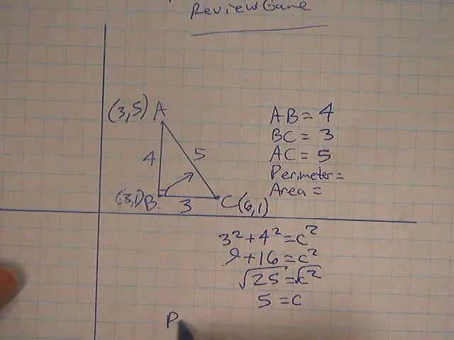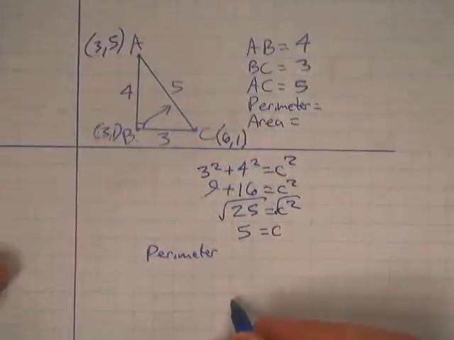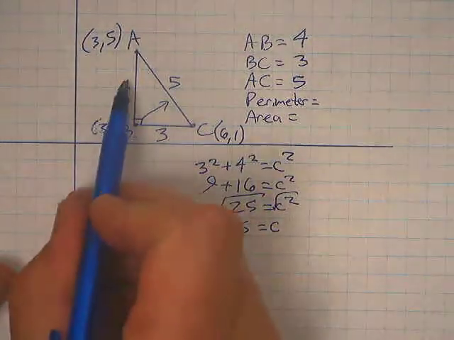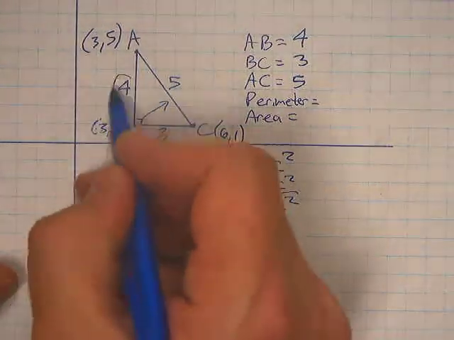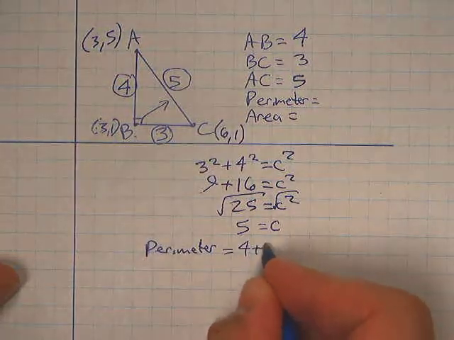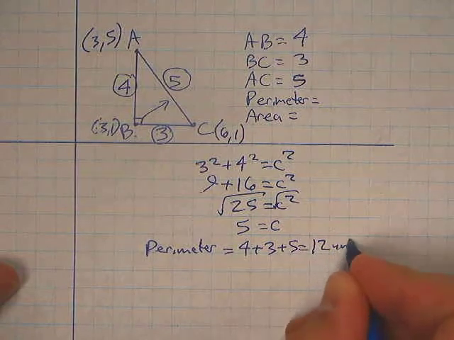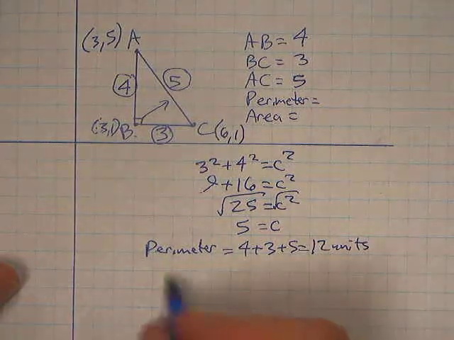Now, perimeter is when you add up all the lengths of the sides. I'm going to add up all of these 3 right here. So this is going to take 4 plus 3 plus 5, which is 12 units.